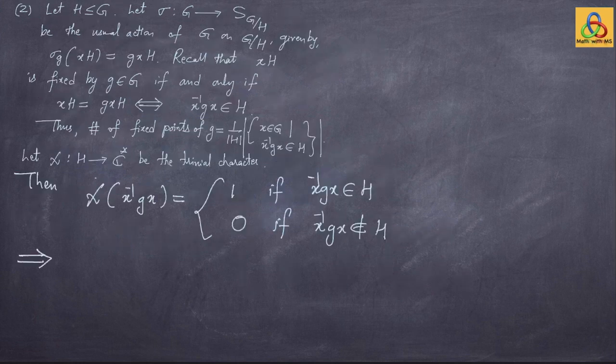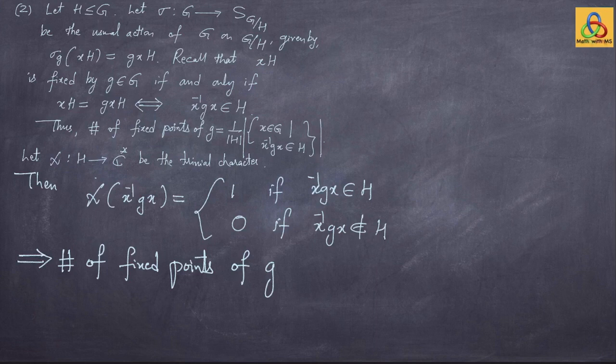This implies that the number of fixed points of this group element g is the same as 1 by cardinality of H times the cardinality of the set of all those x in G for which x inverse gx is in H. It is the collection of all those elements of the group G for which x inverse gx is in H, and for all such elements x we count 1.